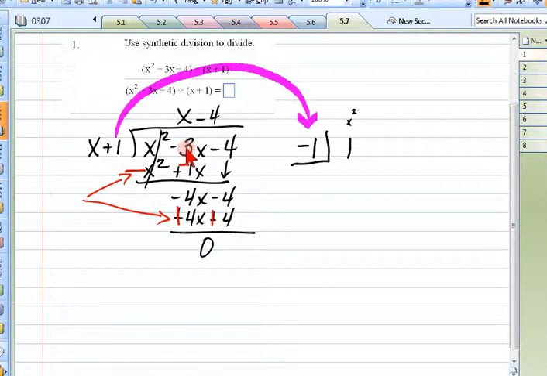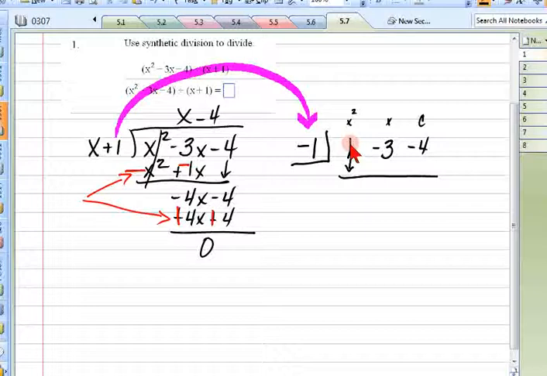What's the next coefficient? Negative 3. That was an x. All I do is worry about the coefficients. And the last is the constant. And I'll just put C for constant. That looks really weird. I changed the sign on that divisor number, and then I only wrote down the coefficients. I leave a blank and draw a line.